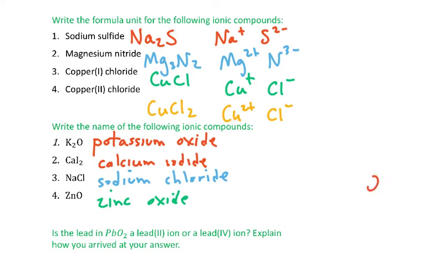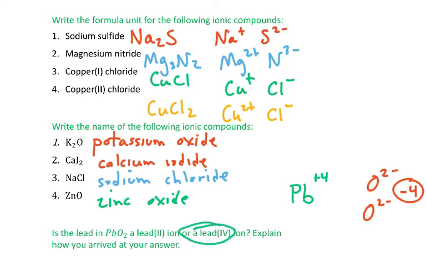Okay, so oxygen is always a minus 2, and the formula tells us that we have 2 of them, so we have a total of a minus 4 charge, and we have a lead, and there's only 1 of them, so the lead must be plus 4. Right, if lead was plus 2, and we had oxygen, then we would just have PbO.